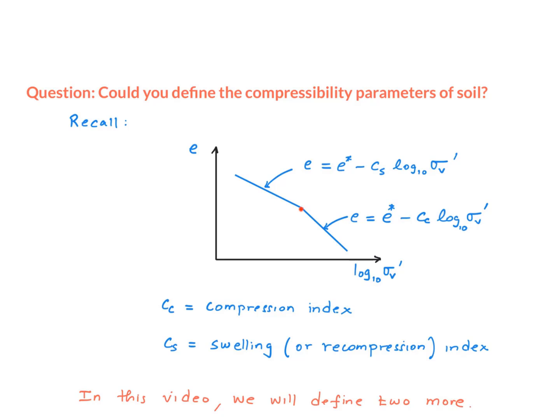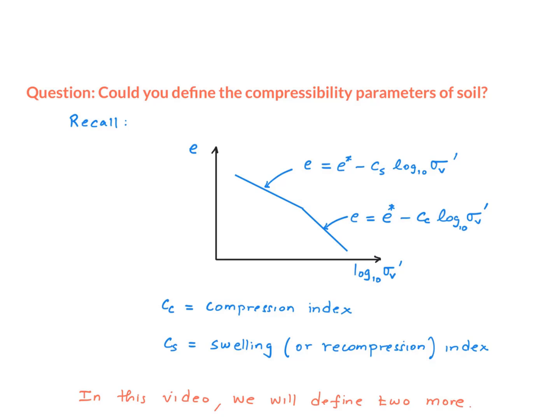The slope of the swelling line, the parameter that appears in this equation right here, is called the swelling index, and the slope of the second line here, the virgin compression line, or the parameter that appears in this equation, is called the compression index. We also noted that the recompression curve is usually a little different from the swelling line, but for practical analysis they could be assumed to be the same.